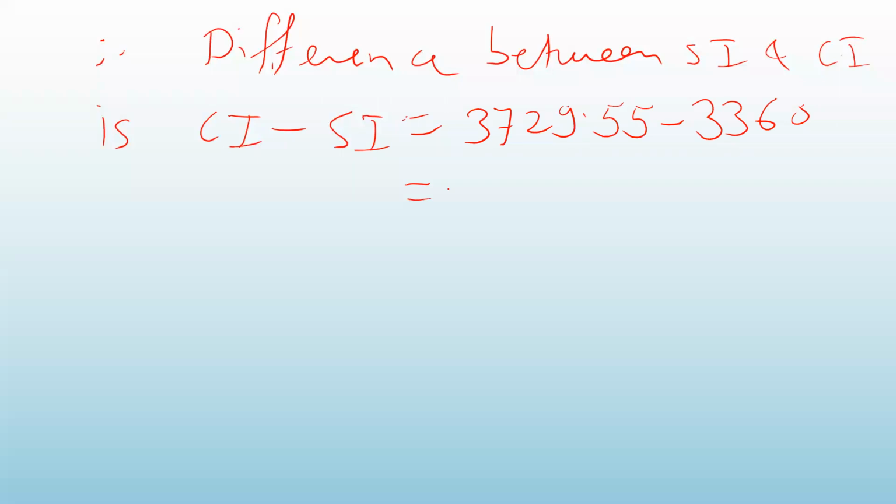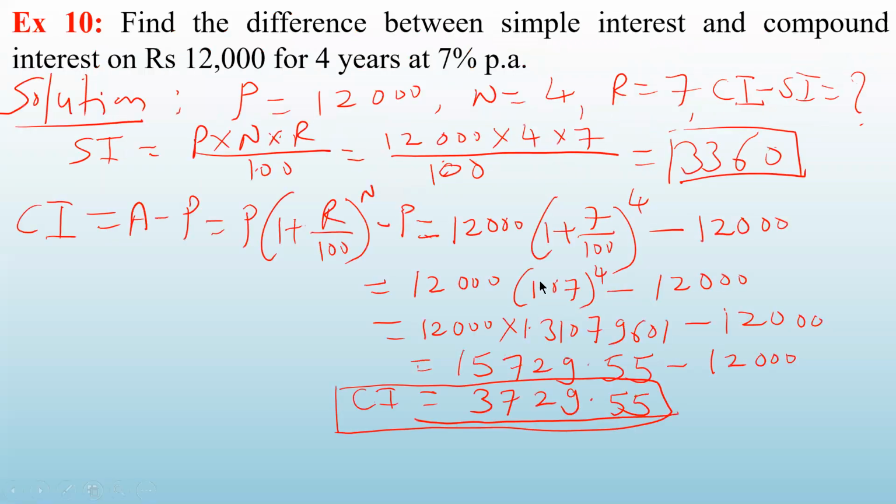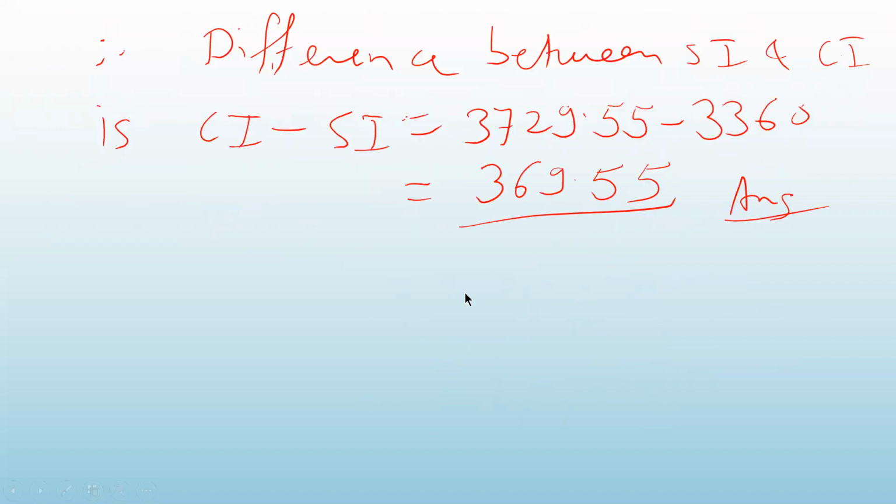So that gives you 3,729.55 minus 3,360. That gives you 369.55. This is the answer. Okay. So the difference between compound interest and simple interest we got as 369.55. So this was also a very straightforward problem. You have to find out the simple interest, the compound interest, and then take the difference.